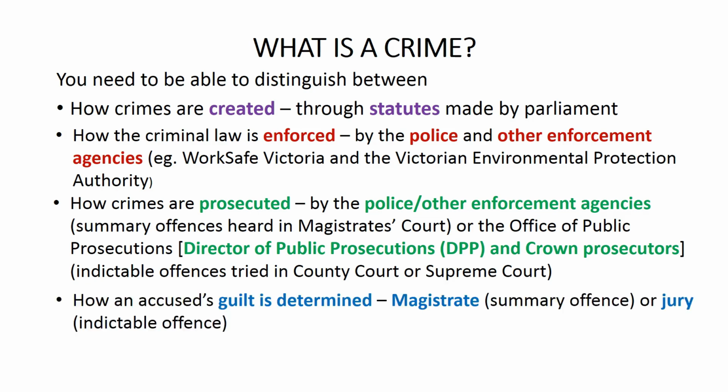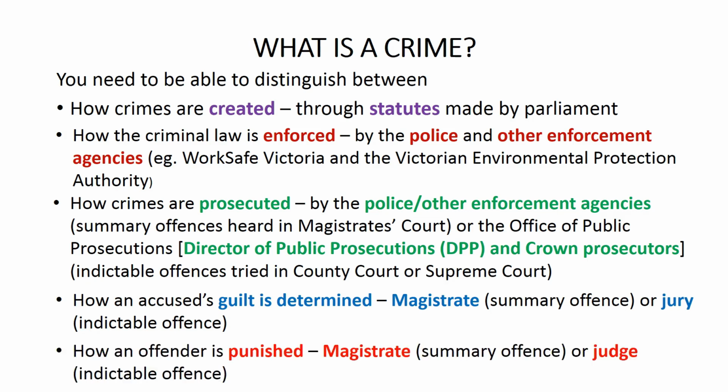The fourth aspect of the criminal justice process is how an accused's guilt is determined. If the offence is a minor offence, that is a summary offence, then a magistrate decides whether the accused is guilty or not guilty. If the offence is a more serious offence, that is, an indictable offence, then a jury in the County Court or the Supreme Court will determine whether the accused is guilty or not guilty.